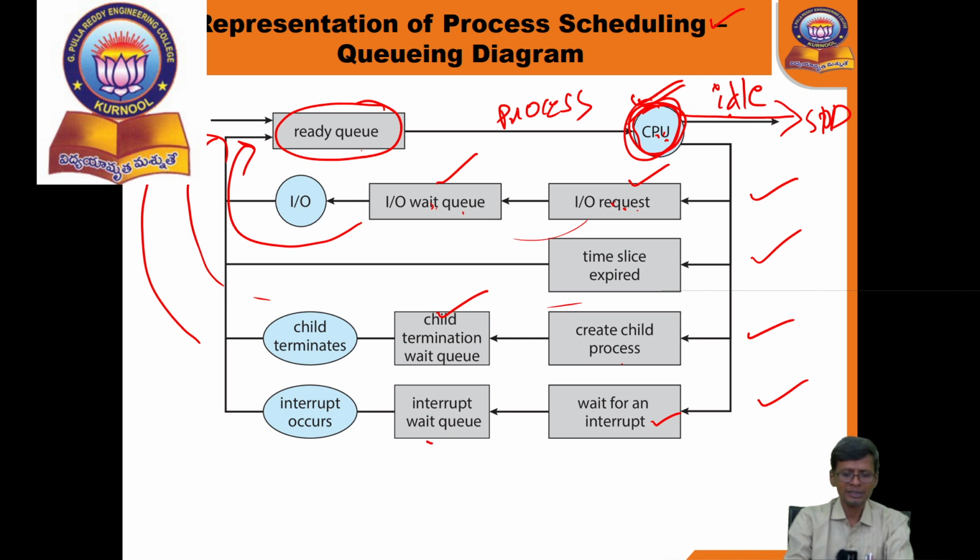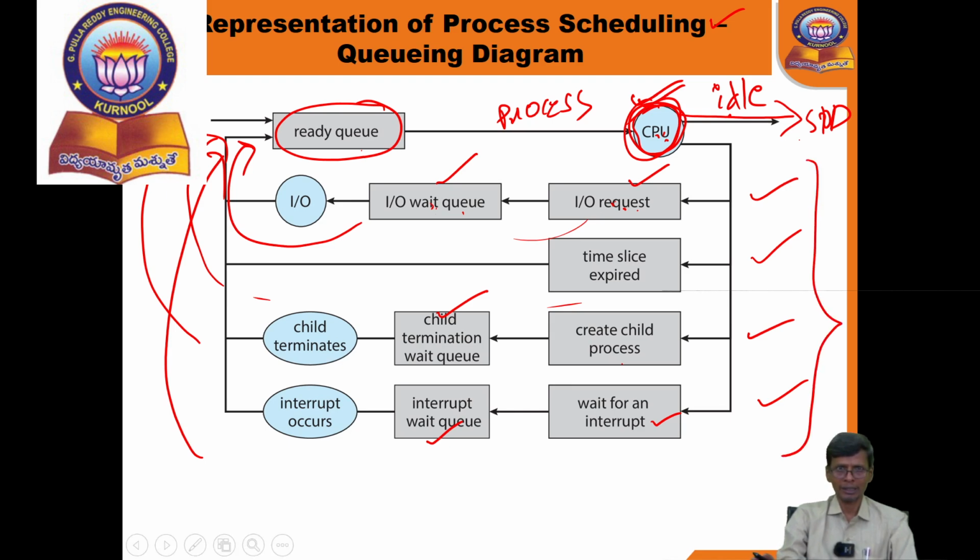Then that process will be placed in the interrupt waiting queue, and after handling the interrupt, to restart the execution it has to enter the ready queue again. So like that, we can represent the process scheduling with the help of the queuing diagram. If there is no other access, it is simply ready queue, CPU, and stop the execution. Otherwise, any one of these four situations may occur. This is called the queuing diagram.